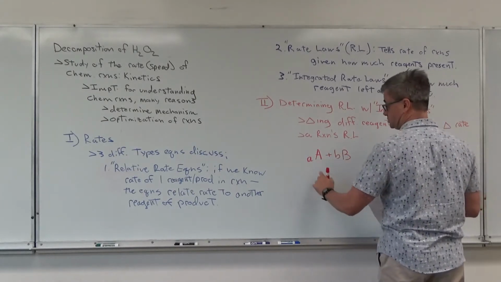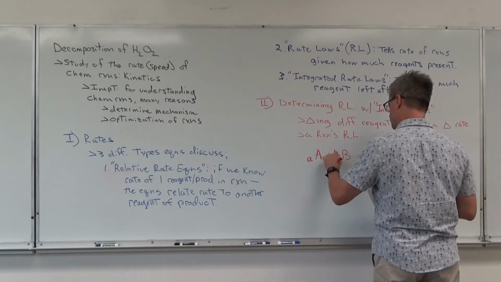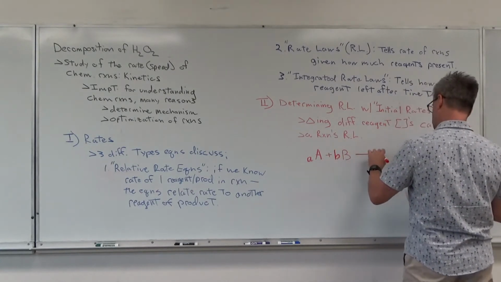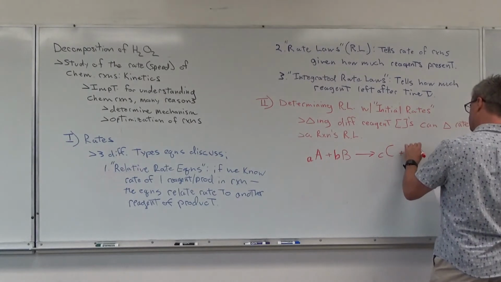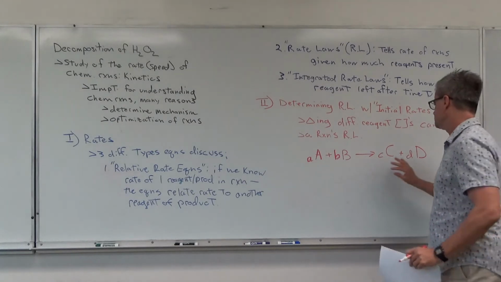These are the coefficients, like if it takes 2 A's for every 1 B, the stoichiometry of your balanced equation. It's going to go to little c of reagent C plus little d of reagent D. So reagents, products.